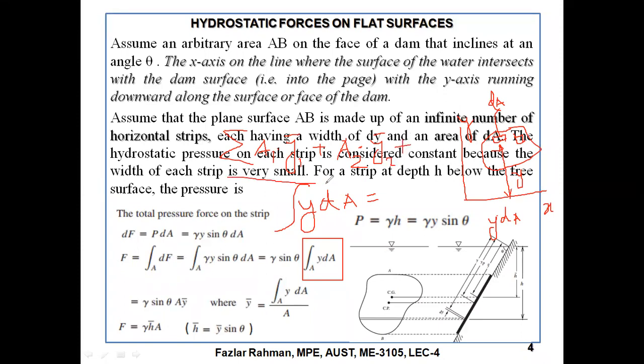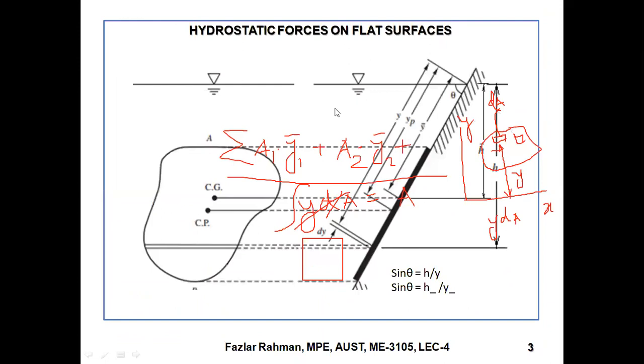After making the summation, you divide by the total area. Then what will you get? Anyone?